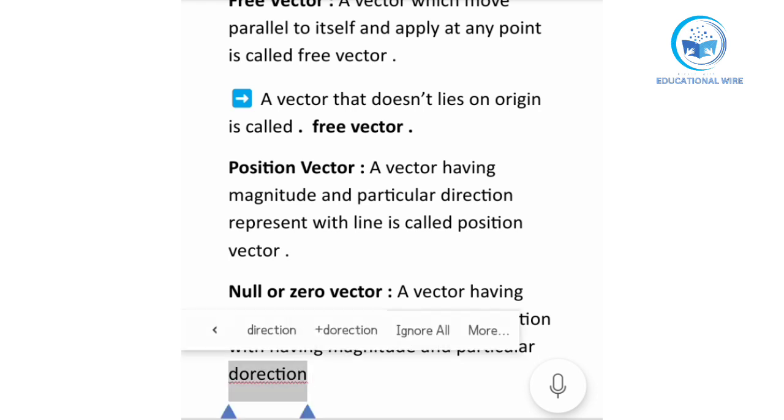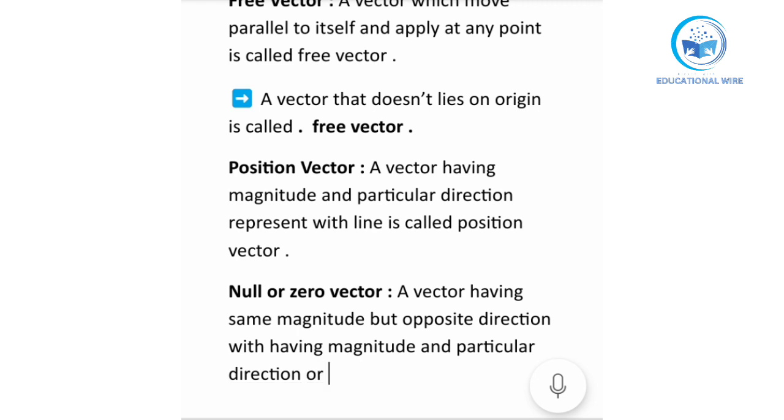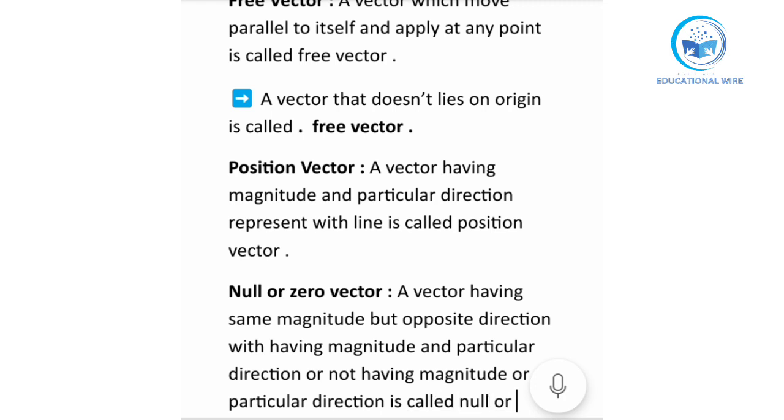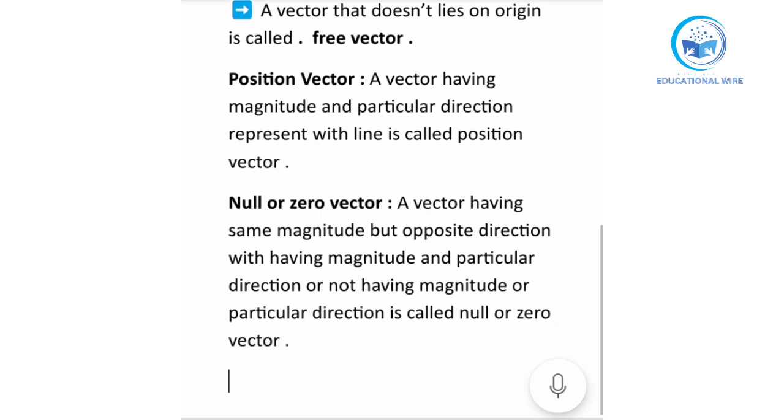it can be or not, meaning it will have magnitude and particular direction, or not having magnitude or particular direction, then it is called a null or zero vector.